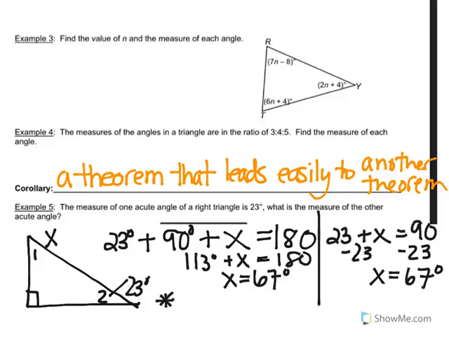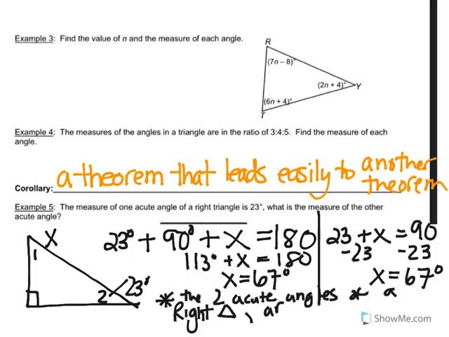It's a corollary to what we proved above. The two acute angles of a right triangle, I'm going to use a symbol for triangle, are, and we're going to put a word right in here.